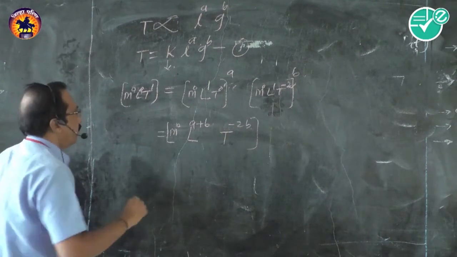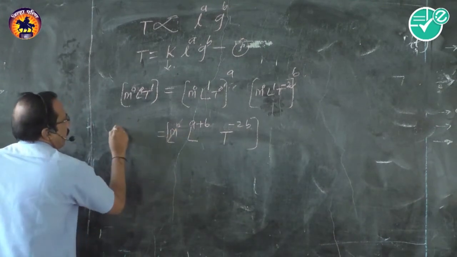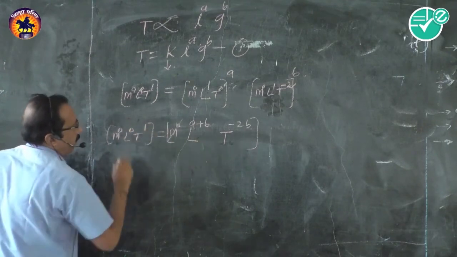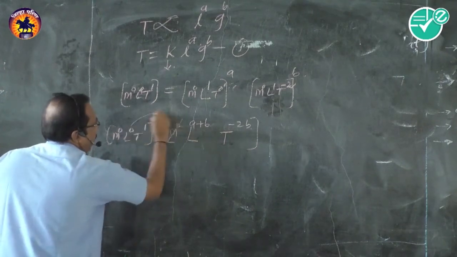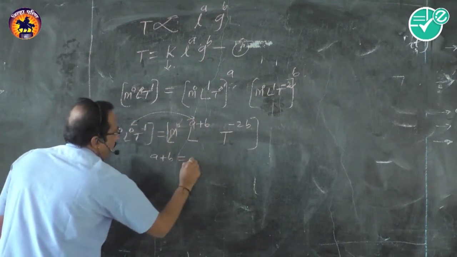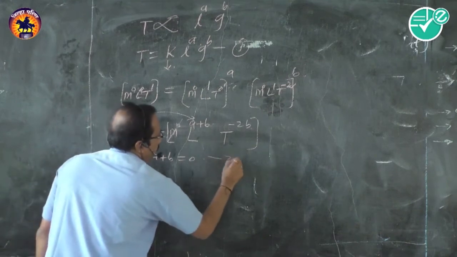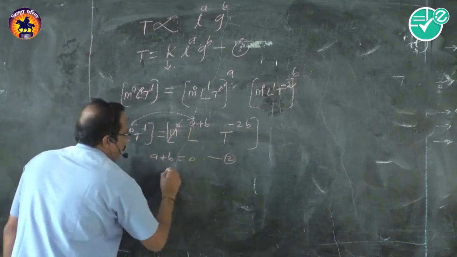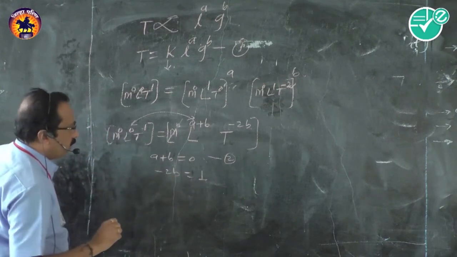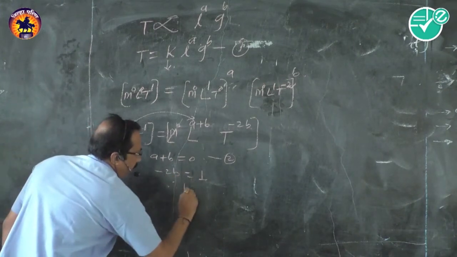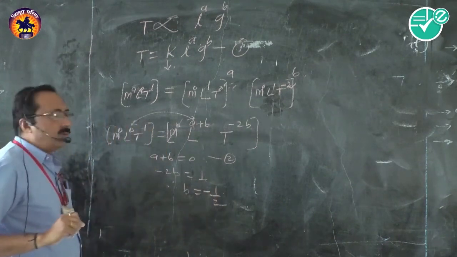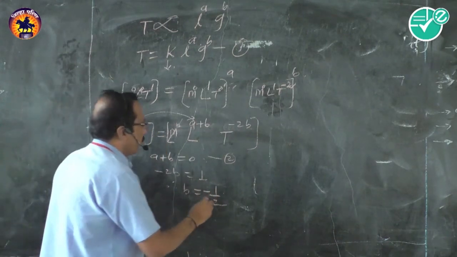So here it is equal to M raised to 0, L raised to 0, T raised to 1. By comparing the indices, a plus b is equal to 0. This is the second equation, suppose, and minus 2b is equal to 1. Therefore, b is equal to minus half.